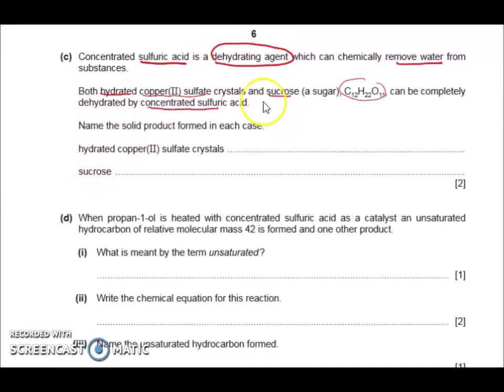So what happens if we remove the water from this hydrated copper 2 sulfate? It will become, please remember this name, this one is hydrated, right? The opposite of hydrated will be anhydrous. Anhydrous, and you just copy this one, copper sulfate. It means this is dry. They do not have water molecules there.